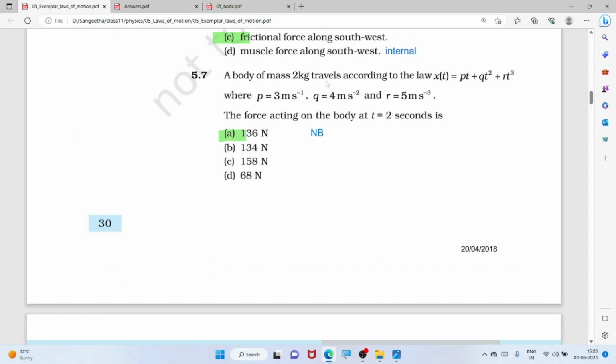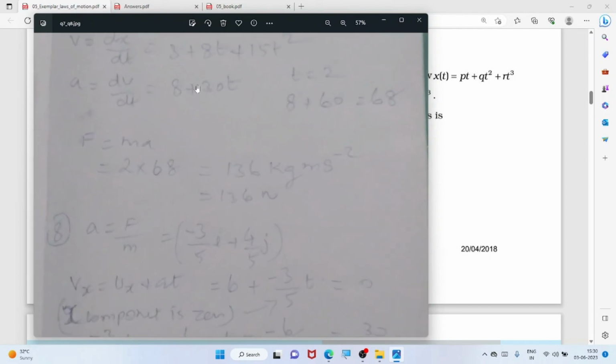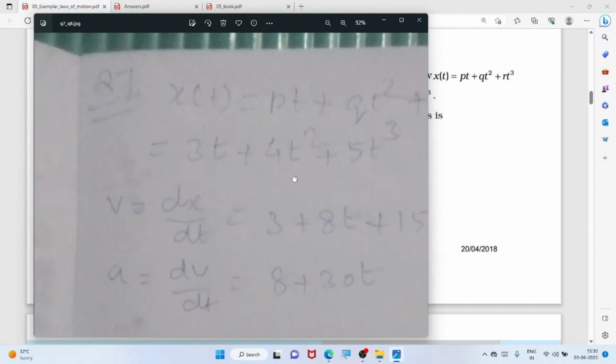A body of mass is accelerating; find the force acting on it at t equal to 2 seconds. Question 7.